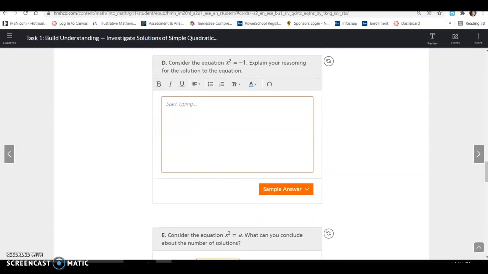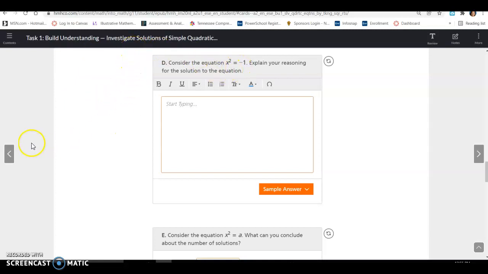Consider the equation x squared equals negative 1. Explain your reasoning for the solution. If I graph x squared, you know it's the parent function, and it goes through the origin, and it's a U-shaped graph facing up.